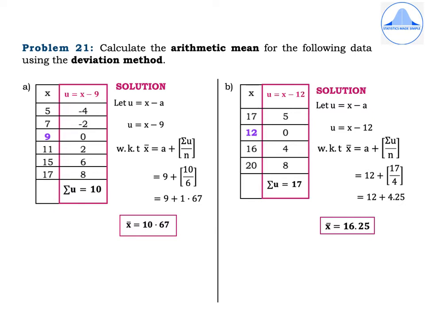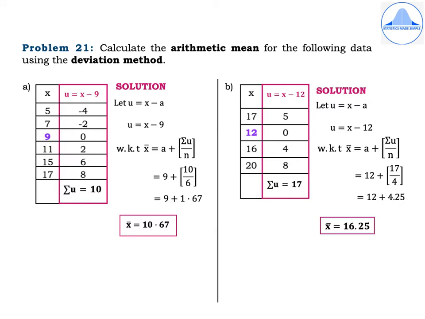For the deviation method, write the formula: let u be equal to x minus a. And a is usually the middlemost x value, and in this case it is 9, which is highlighted in purple color. So you get u is equal to x minus 9.